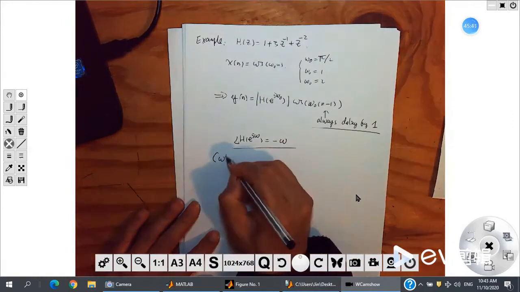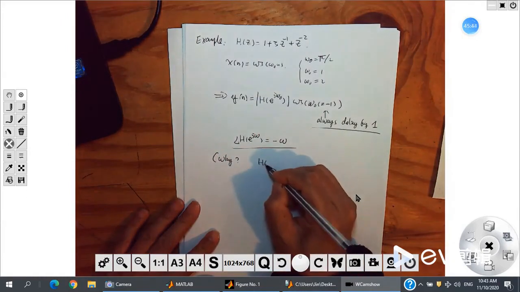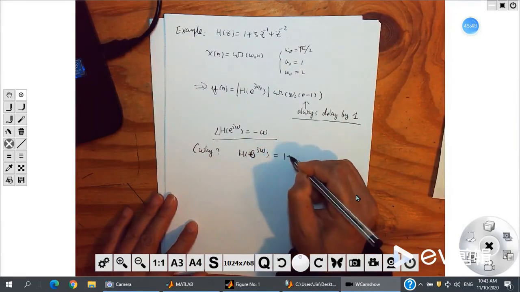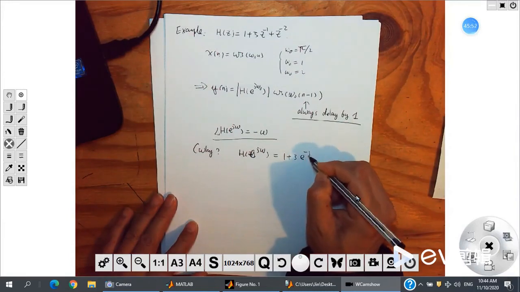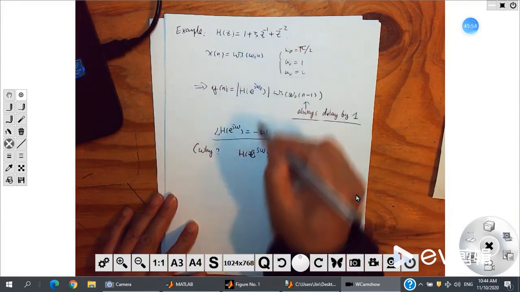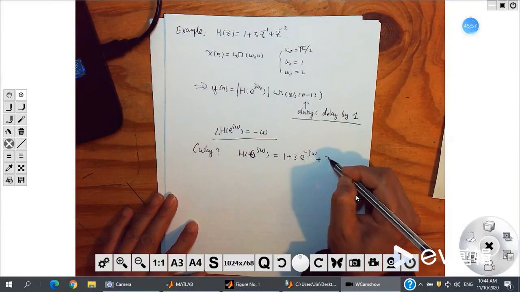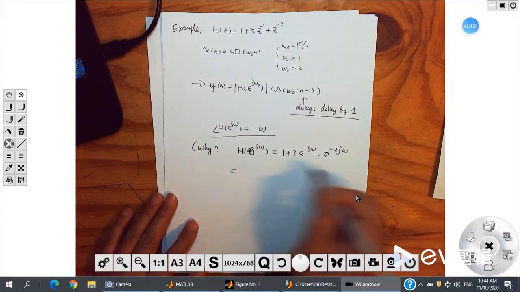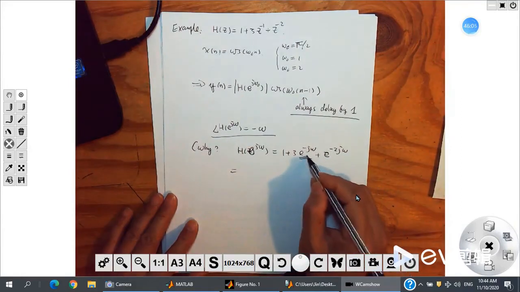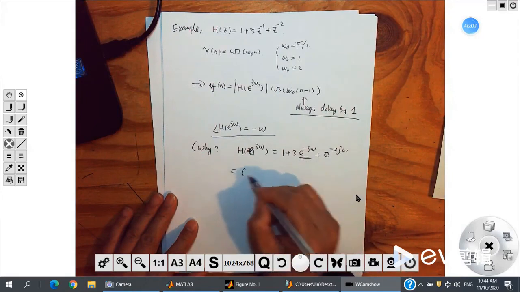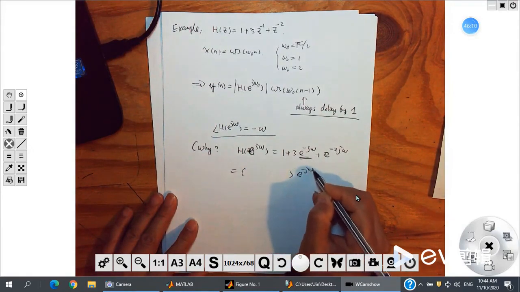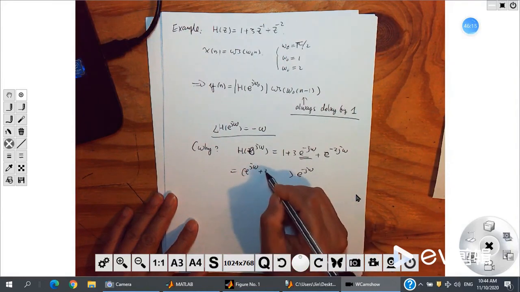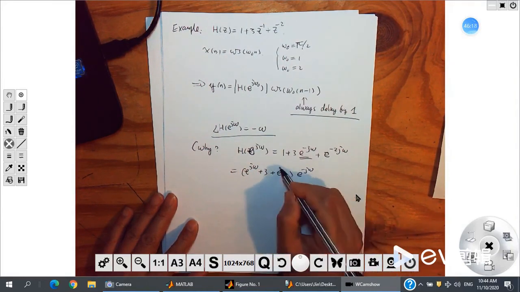Why? H of e to the j omega will be 1 plus 3 e to the negative j omega, right? You just replace z by this one, and plus e to the negative 2 j omega. Then I remove e to the negative j omega outside. Then inside will be e to the positive j omega plus 3 plus e to the negative j omega.